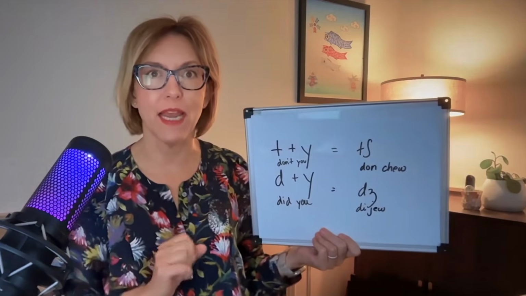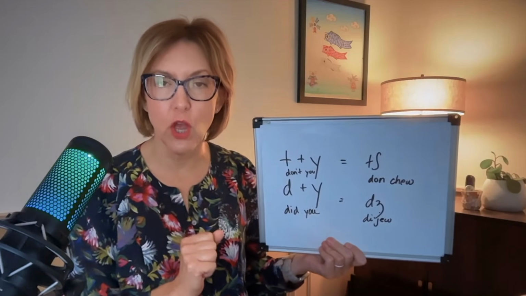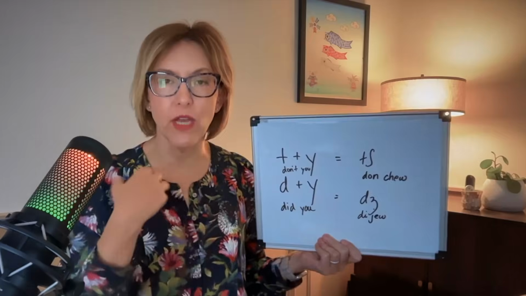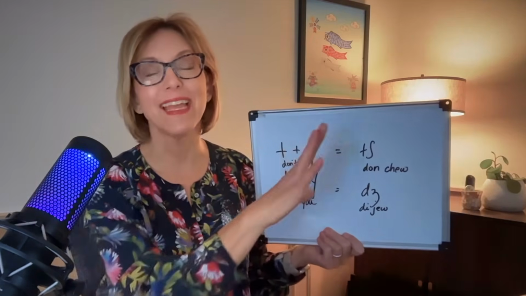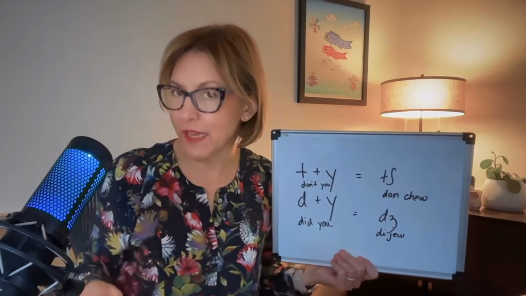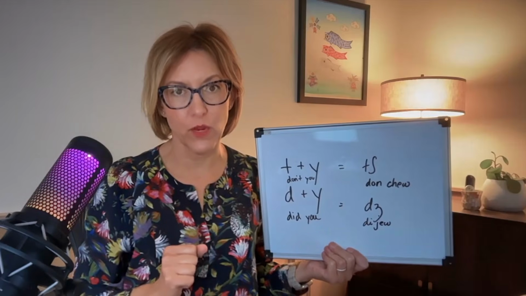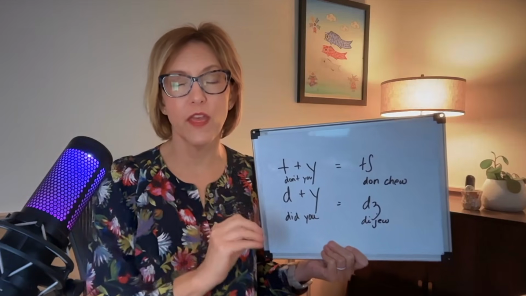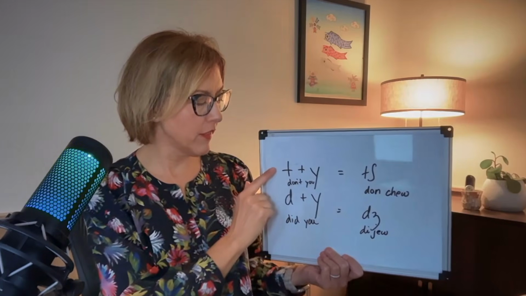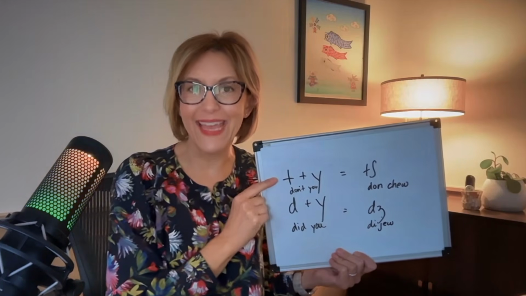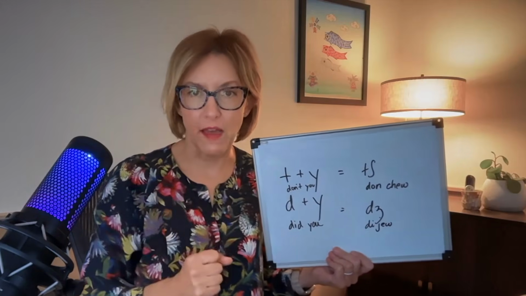What does that mean? That means that we are going to change the way the sound leaves the mouth, how the air exits the mouth, instead of changing the place of articulation, which we've been doing for the past few weeks. So for this manner assimilation, we are going to think about when we have a T sound, the air puffs out of the mouth.